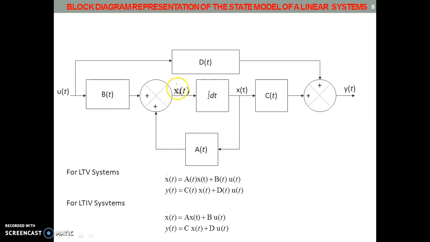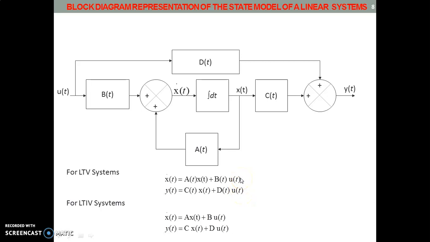Now you see here, x dot of t is equal to A of t into x of t plus B of t into u of t. This is one expression, the state equation, right? The second expression is the output expression, y of t equal to C of t into x of t plus D of t into u of t. It is a very simple block diagram only.